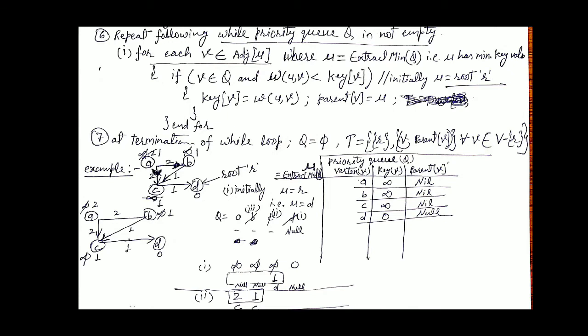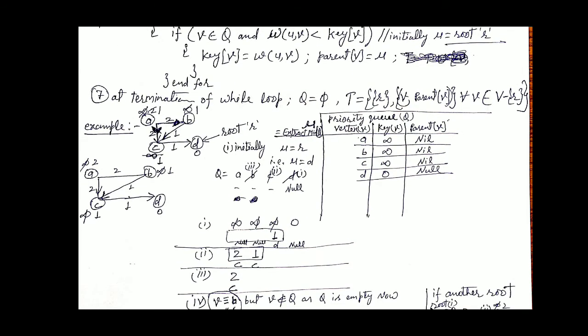parent of B. Okay, now again we have two vertices in the priority queue, A and B, where A has the key value 2 and B has the key value 1. So we will process vertex B first. Does vertex B have an adjacent vertex which is in the priority queue?